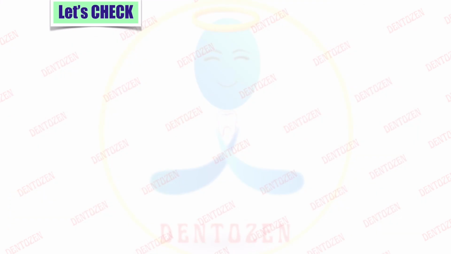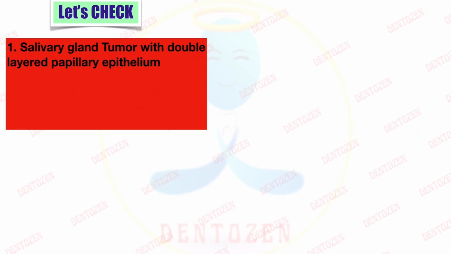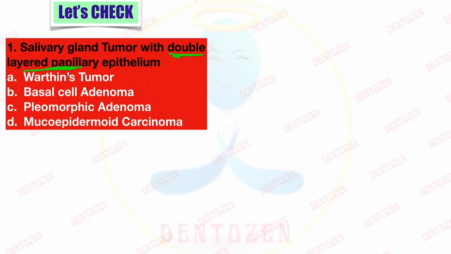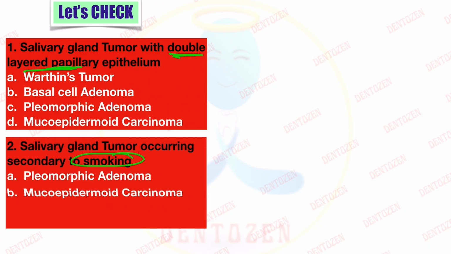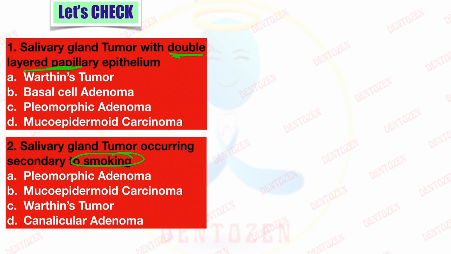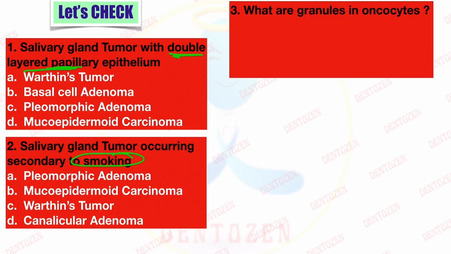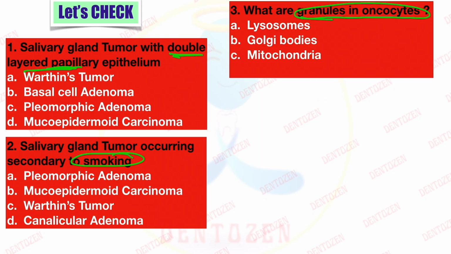Now let's check what you have learned. Which salivary gland tumor has double layered papillary epithelium, bilayered epithelium, out of these tumors? Second, which tumor occurs secondary to smoking? Out of these, which salivary gland tumor has a strong association with smoking? What are the granules in oncocytes of this tumor? Lysosomes, Golgi, mitochondria, or inclusion bodies?